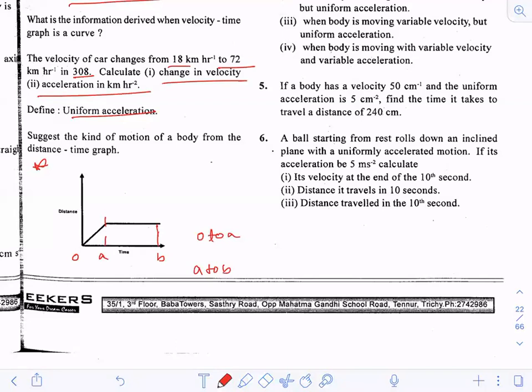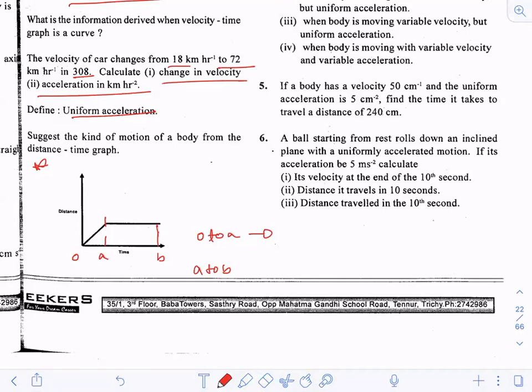Now, just see the graph from O to A. What will you have, uniform velocity or non-uniform velocity? Uniform velocity.